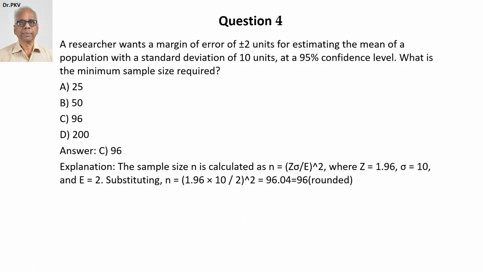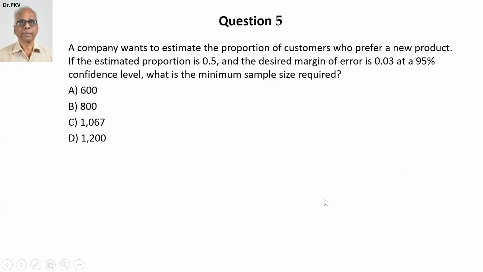Question 5. A company wants to estimate the proportion of customers who prefer a new product. If the estimated proportion is 0.5 and the desired margin of error is 0.03 at a 95% confidence level, what is the minimum sample size required?